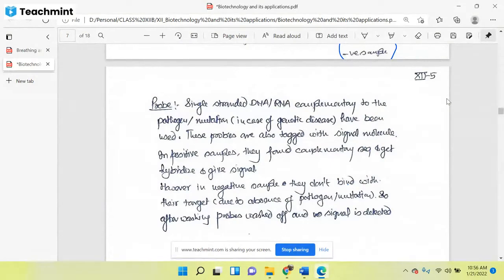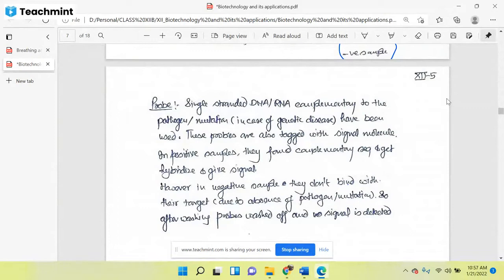So you know that if two single stranded nucleotides are there, if they are complementary to each other, then ultimately they will bind. Okay, so suppose I want to detect a particular stretch of DNA or RNA, then based on that we will make a synthetic stretch of DNA or RNA complementary to that particular DNA or RNA.